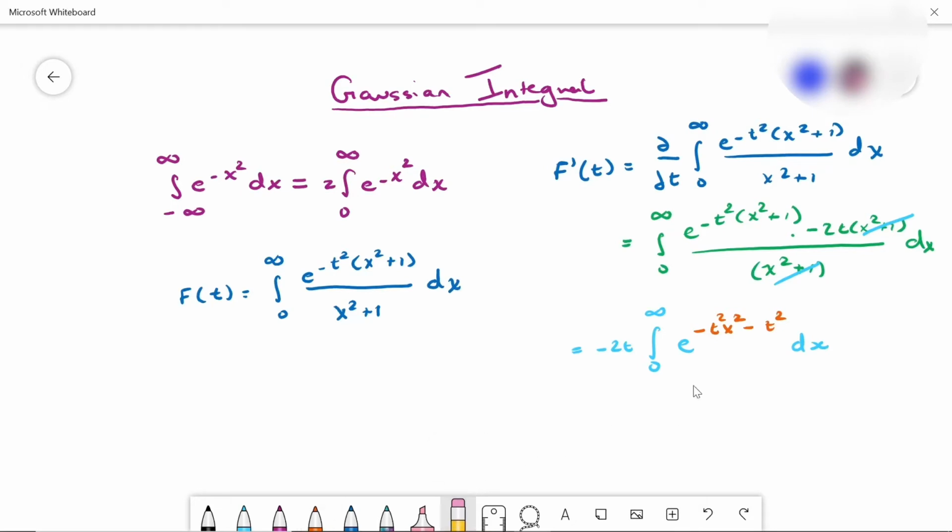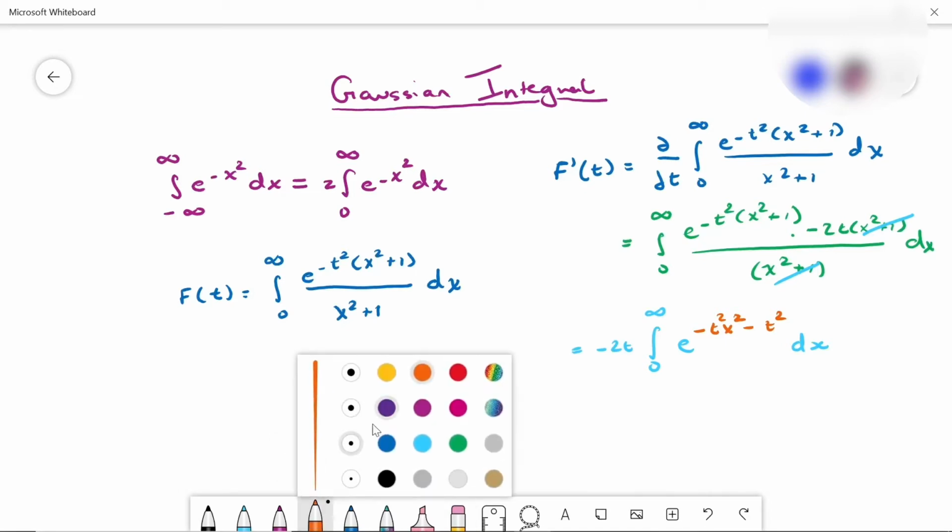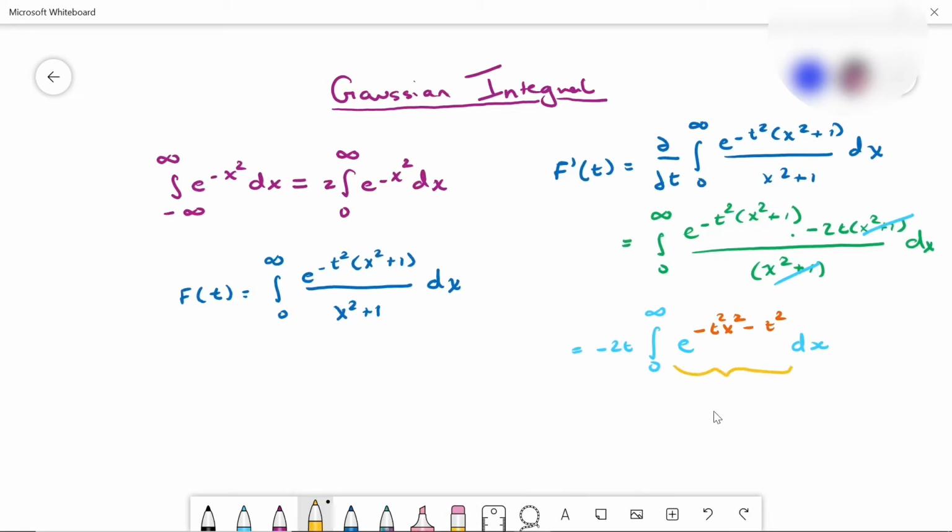And now we can split this up into two different powers of e, or two different exponents. So this bit is going to be equal to e to the minus t squared x squared times e to the minus t squared. So we're just calculating the integral of this thing from 0 to infinity, minus 2t, dx.